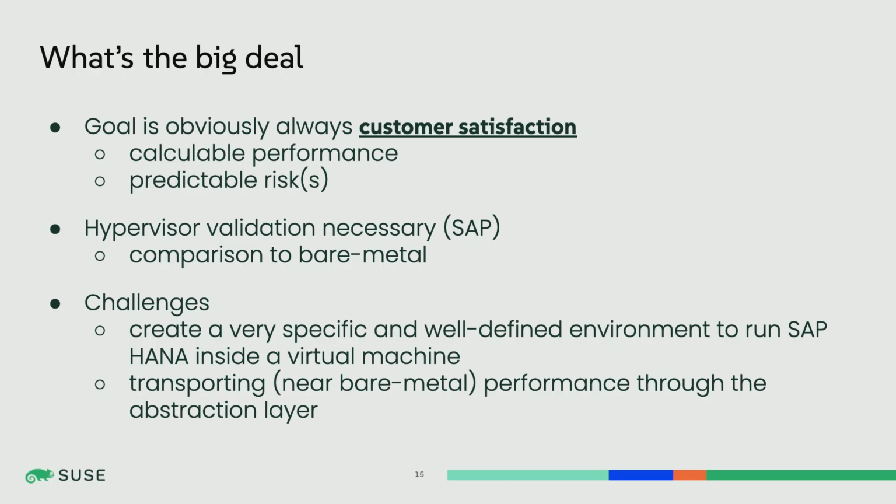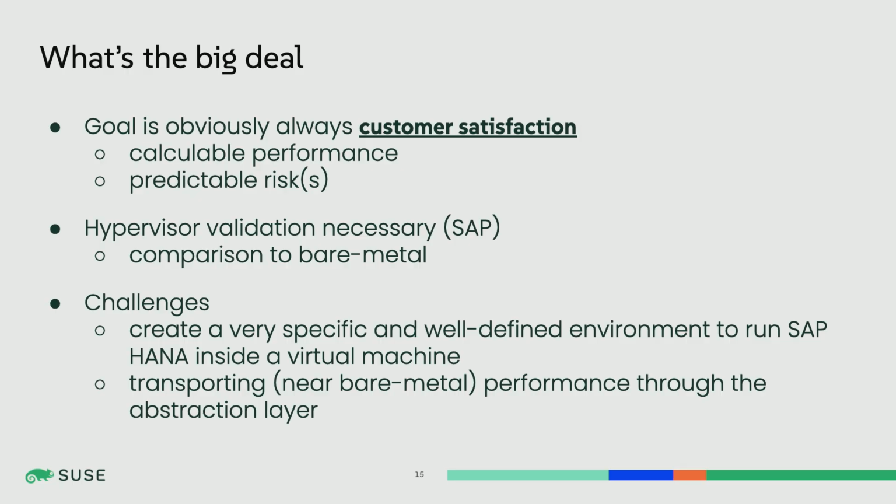First of all, why are we doing this? The goal is obviously always customer satisfaction. I mean, some of you probably are customers. When you set up a system, especially a system that is so deep in your IT core and should not be interrupted, you want to calculate what it means to virtualize that and also predict the risks involved.